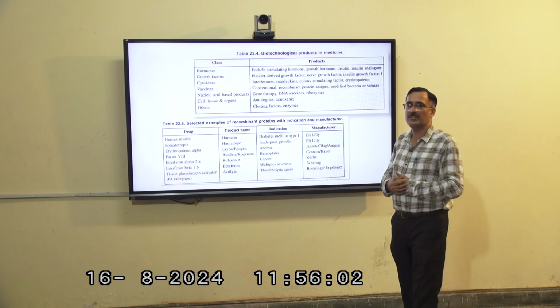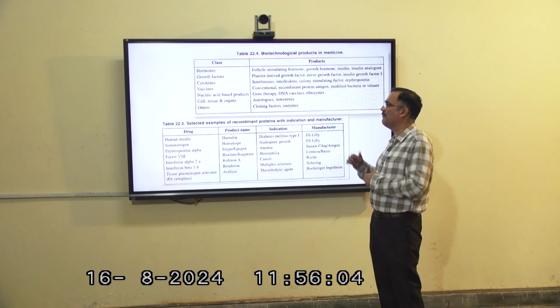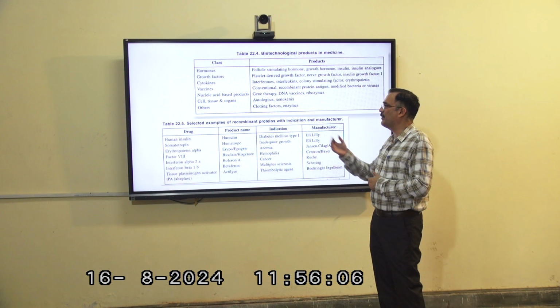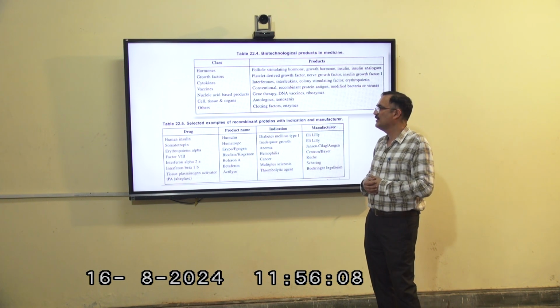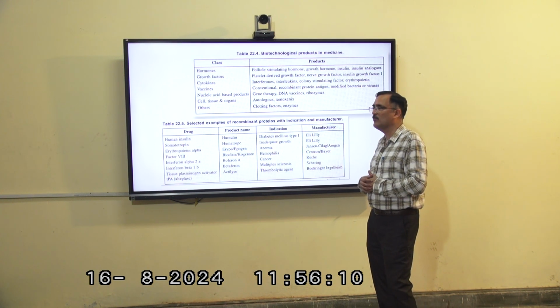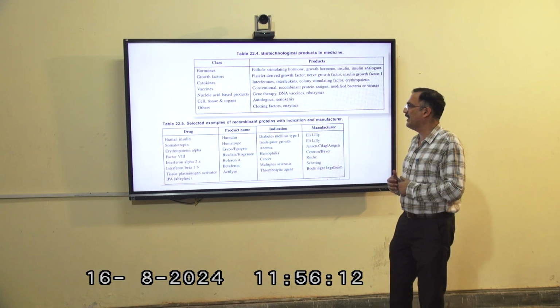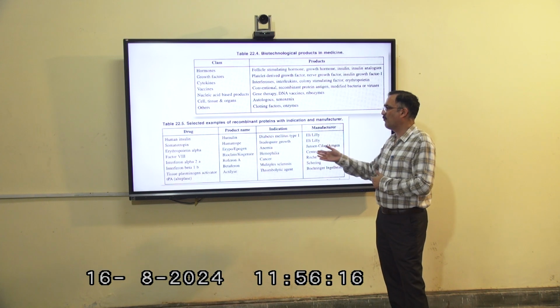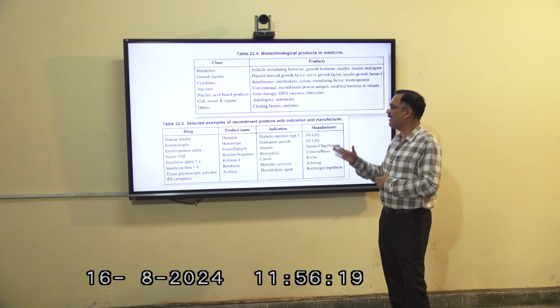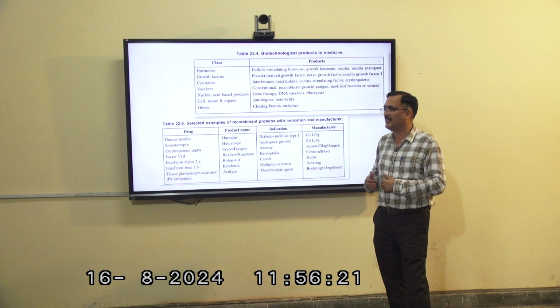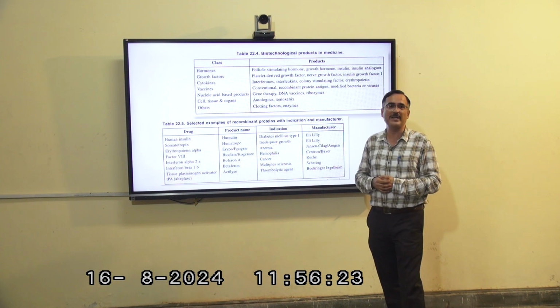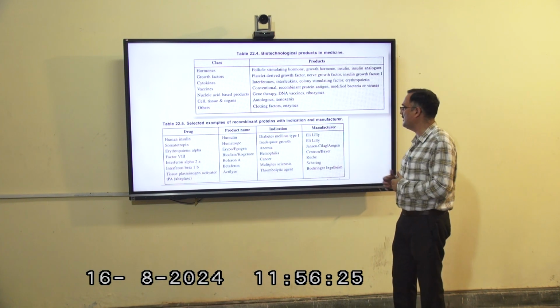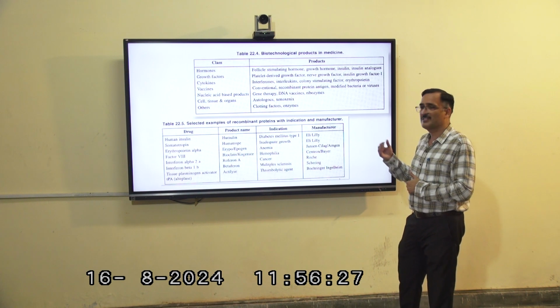Some of the biotechnological products: human insulin, we have Humulin, then somatotropin, that is Humatrope, then erythropoietin alpha, Urofollitropin, then Factor 8, Bioclate, then we have interferon alpha 2, Roferon A, and these can work against certain types of disease. These are the companies which make these types of products like Eli Lilly, Janssen, Roche, etc.